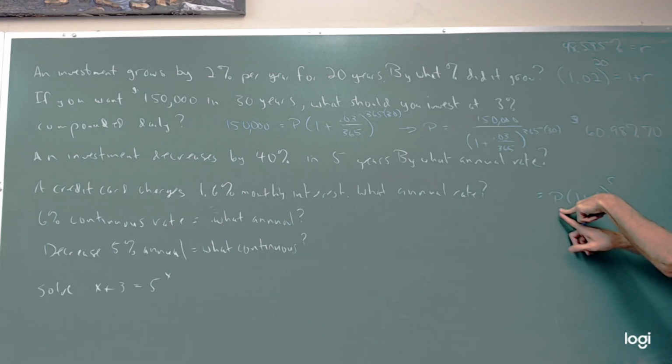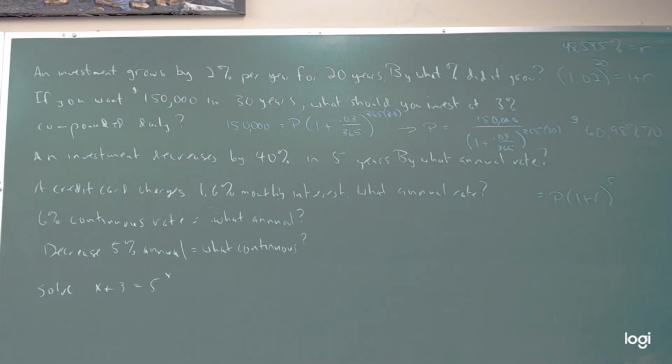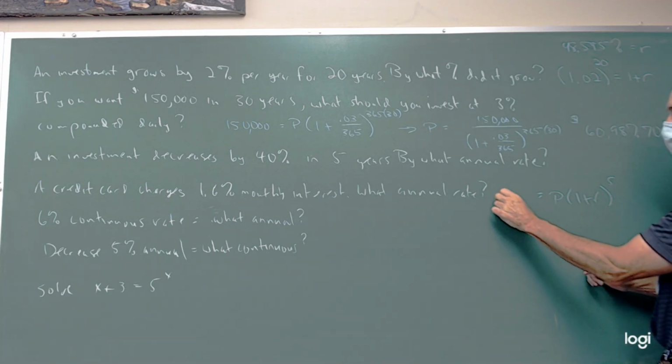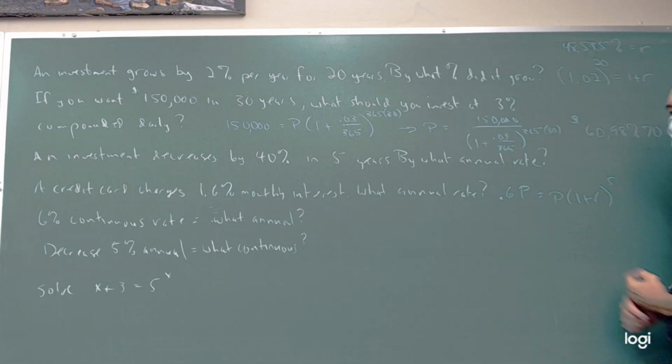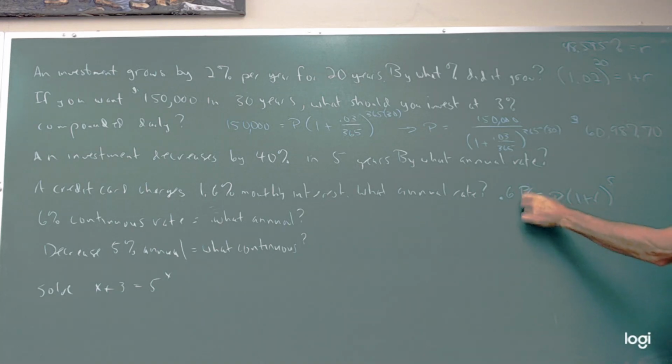Now, if it decreases, we start with our P. We don't really know how much that is. If it decreases by 40%, how much do we still have? 60. So then we need to write that as a 0.6p. That make sense? Okay. So then you can divide out your p.